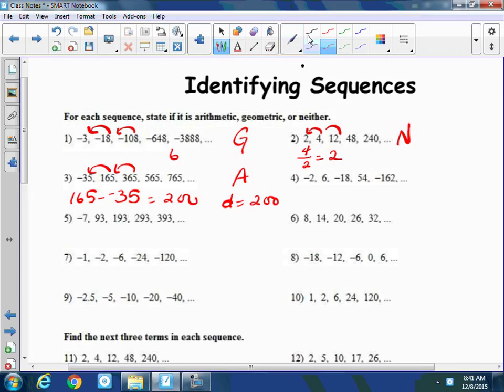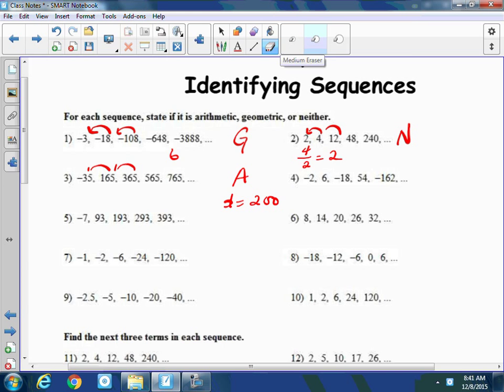All right, number 4. So let's find the difference first. Do it with a calculator and you won't get it wrong, that's the problem. You're so lazy you don't want to do it with a calculator.